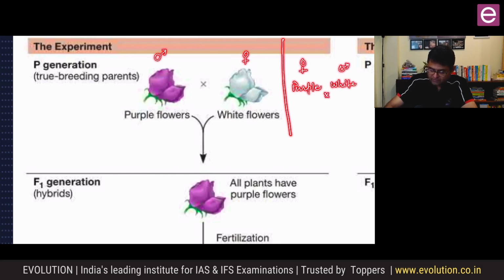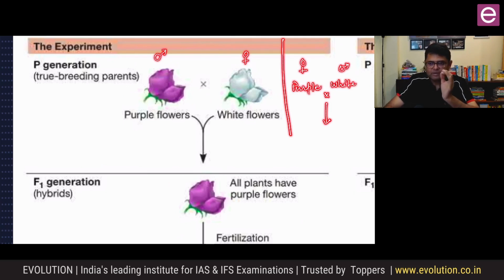Can you imagine that in 1856 Mendel performed such meticulous experiments? And then Mendel saw that in both the cases, whether purple is the male partner or purple is the female partner in the other set of experiment, the F1 generation, the hybrids, were having all purple flowers.